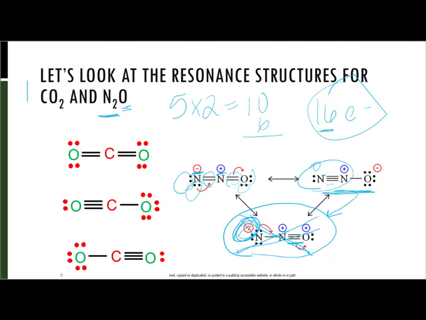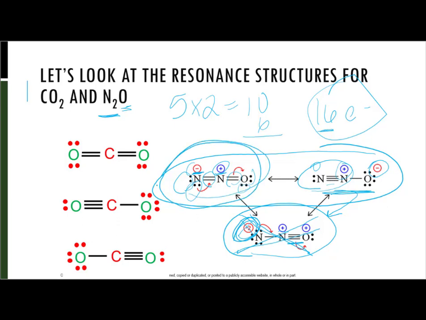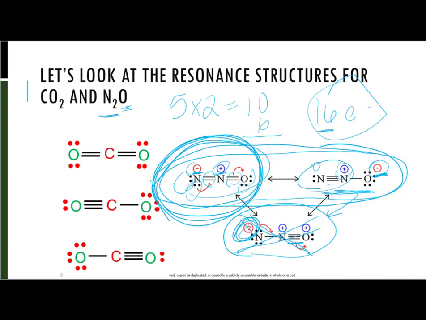If we look at the 2 above it, while we have a negative and a positive on the right side, and a negative and a positive on the left side, they are both pretty similar as far as formal charges, and they both equal 0. But I would think that the 2 double bonds would be easiest for this molecule to make. However, oxygen is the more electronegative of the 2 between oxygen and nitrogen, so it probably is a pretty equal split on which one of these structures is most stable.